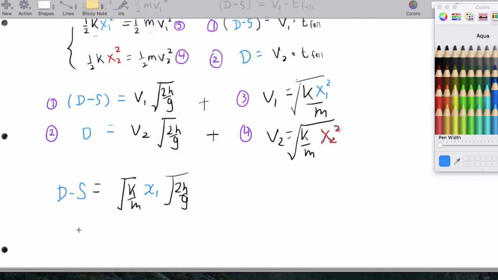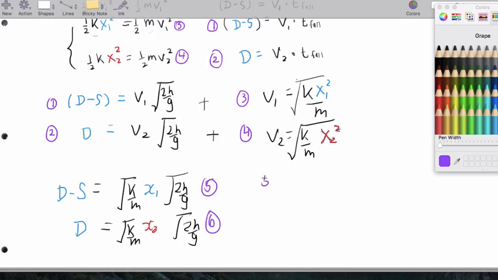And d is simply going to equal radical k over m x2, our unknown, times square root of 2h over g. I'm going to call these equations 5 and 6.